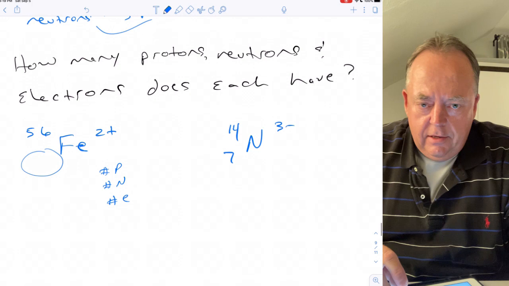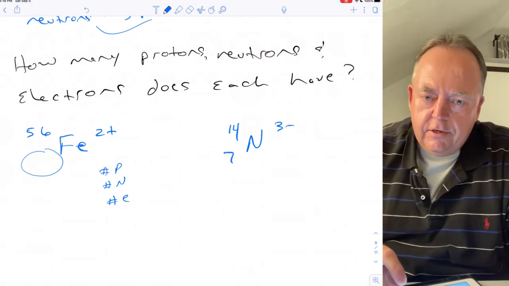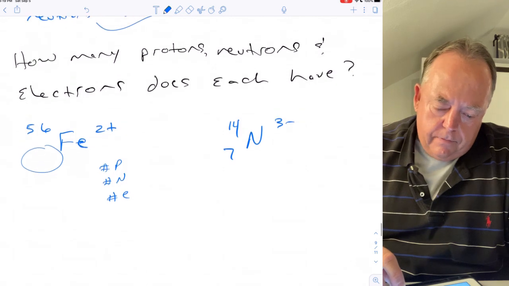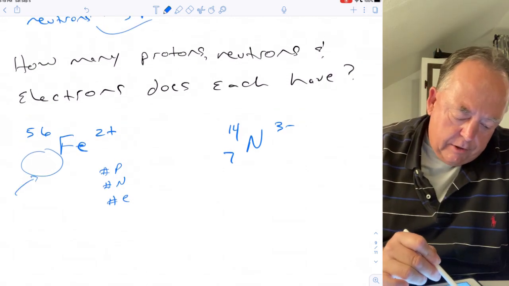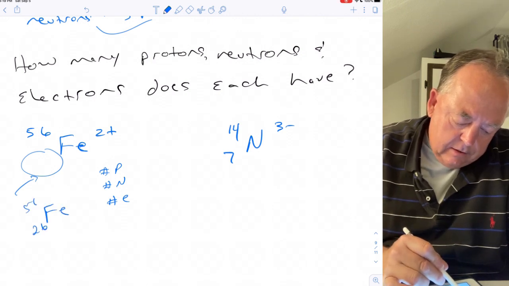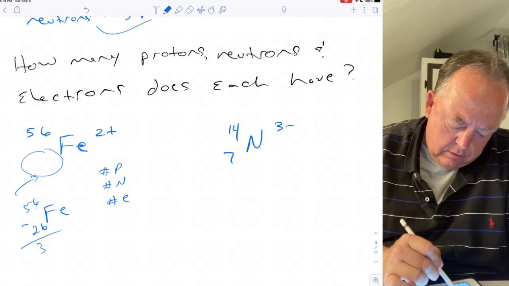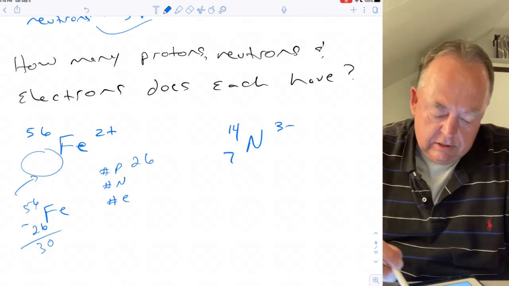If you look up iron on the periodic table, iron is atomic number 26. So this is going to have 26 protons since it's atomic number 26.